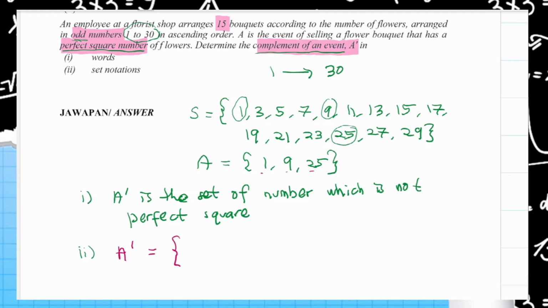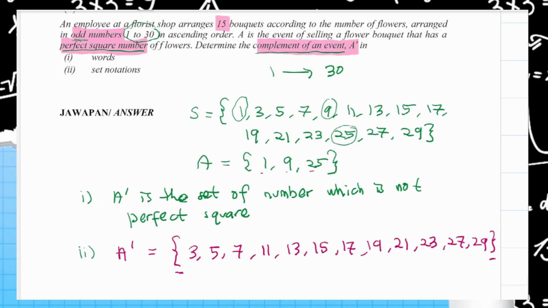So just list 3, 5, 7, 11, 13, 15, 17, 19, 21, 23, 27, and 29, and close the bracket. Remember to use the brackets at the first and at the end.